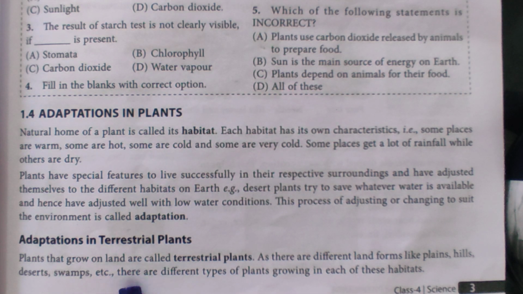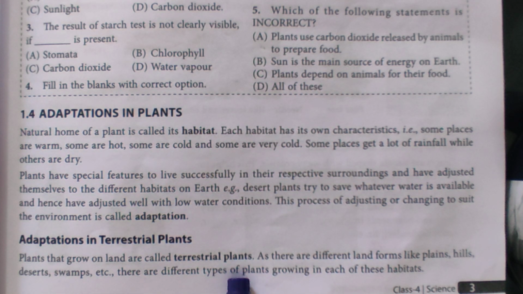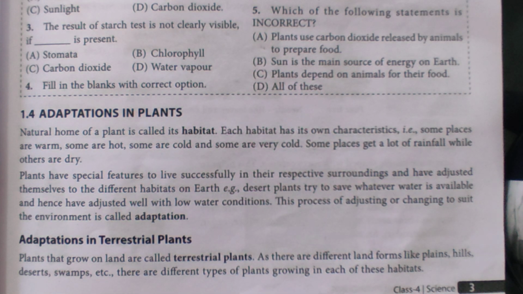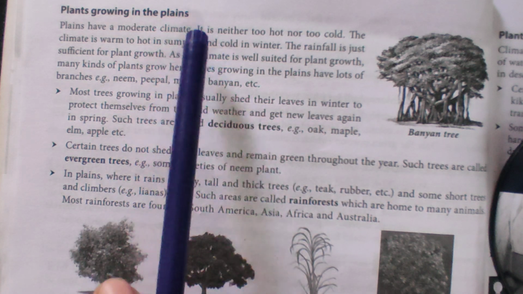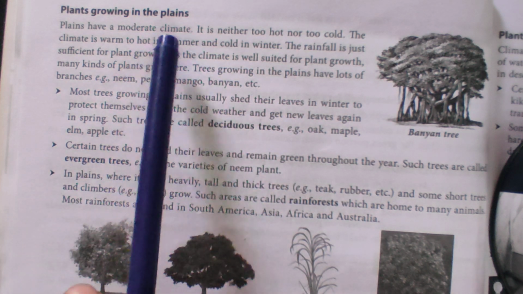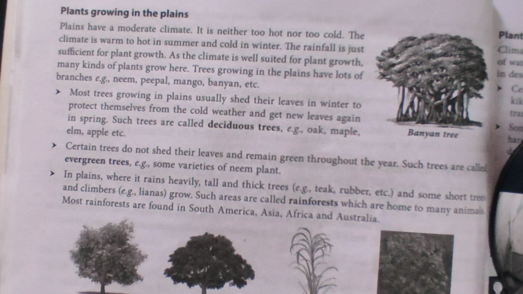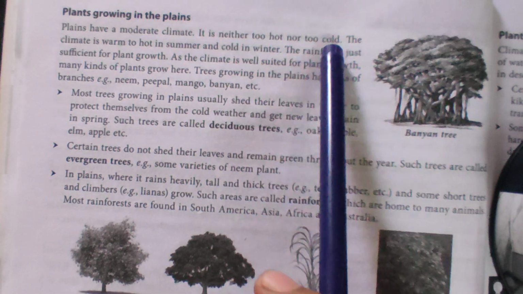Now, the second topic: adaptation in terrestrial plants. Plants that grow on land are called terrestrial plants. There are different landforms like plains, hills, deserts, swamps, etc., and different types of plants grow in each of these habitats. Now see plants growing in the plains. Plains have a moderate climate, that means neither too hot nor too cold.